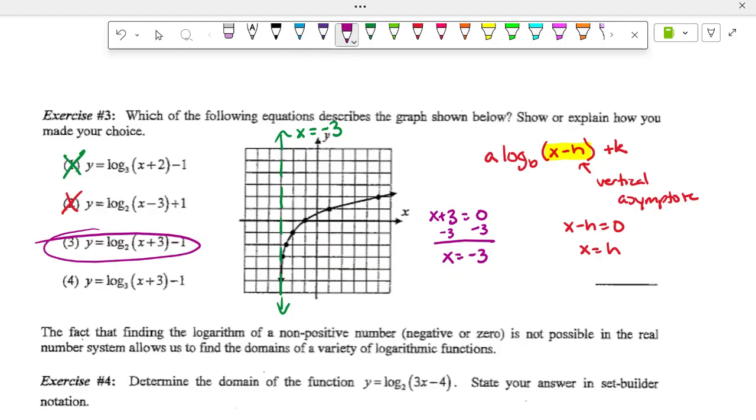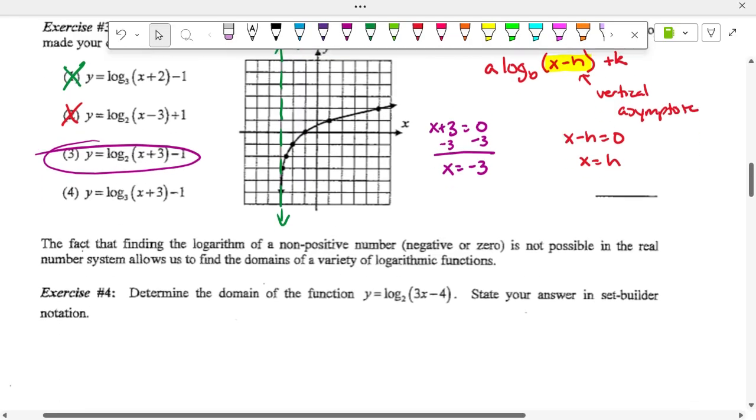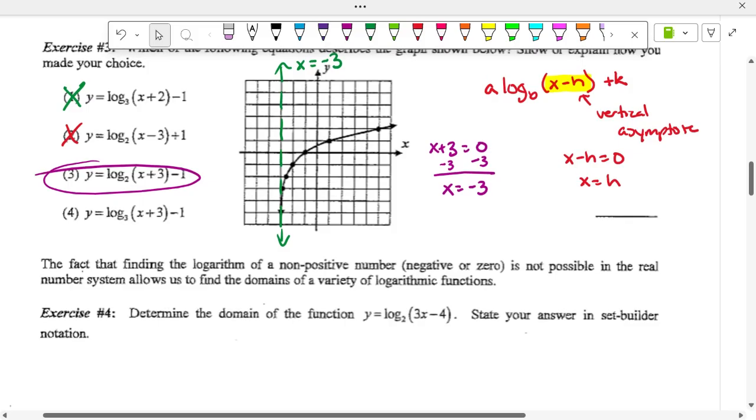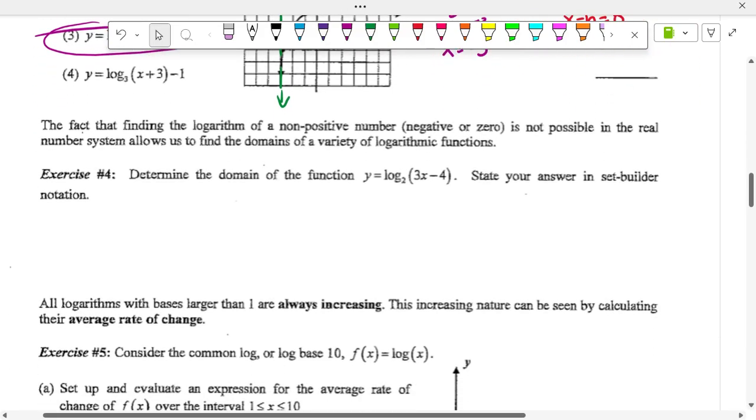So again, if this was on a test, just plug all these answer choices into Desmos, get a couple points off of it, match up. Now, it also helps us determine the domain.